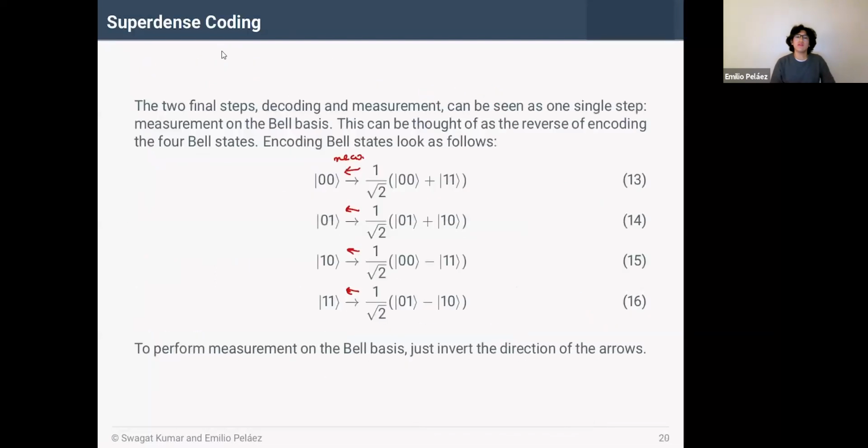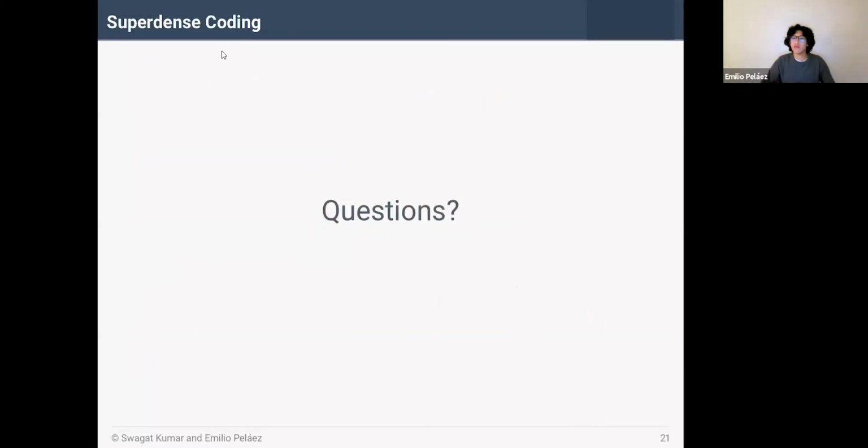So as you can see, this wasn't very complicated. It was really easy. We just altered the Bell state we had at the beginning to some other Bell state, and then we measured on the Bell basis to see what bit string gives that Bell state when preparing Bell states. So this state is pretty simple.